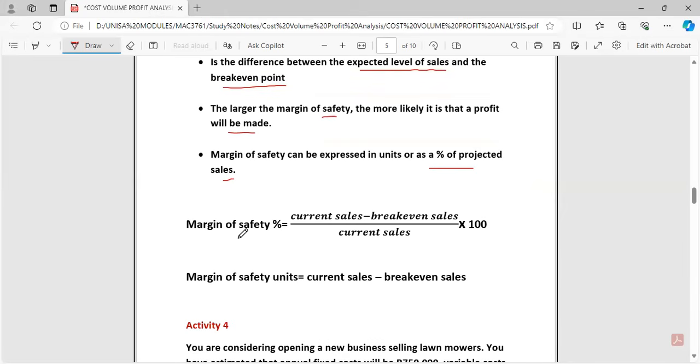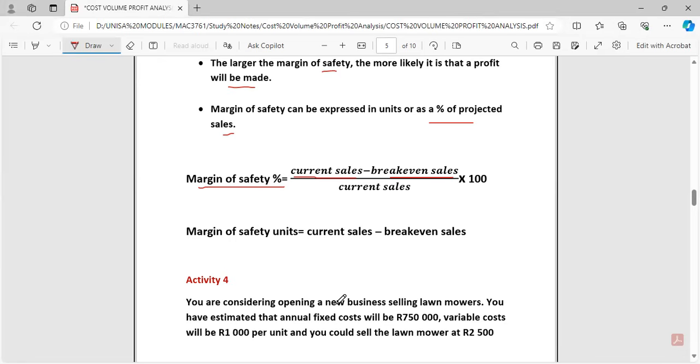If they ask you to do the margin of safety percentage, you are going to subtract the break-even sales from your current sales, divide by current sales, and it's going to give you a margin of safety percentage.